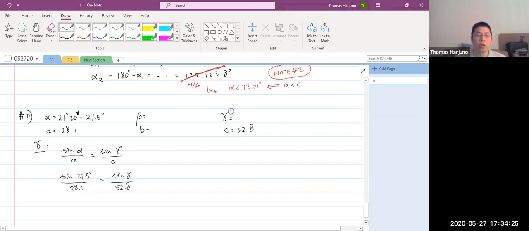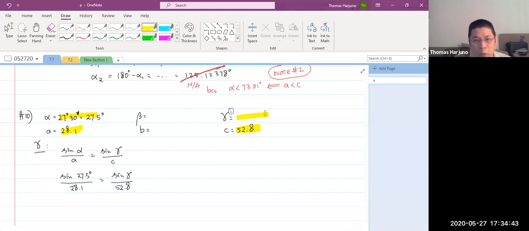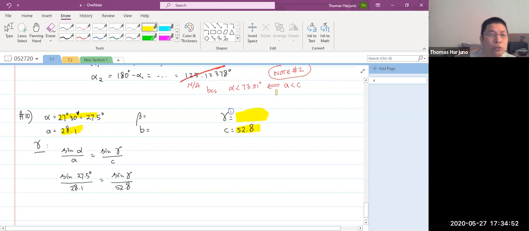Now we know that because side A here is less than side C, angle alpha will be smaller than angle gamma. That's all we know actually. Of course, the sum has to be less than 180 degrees also, right? But you will see that there are two possible gammas in this case when you do the computation. Okay, let me ask you to do that. I will do this too, but I want you to do it independently, then look at my solution.